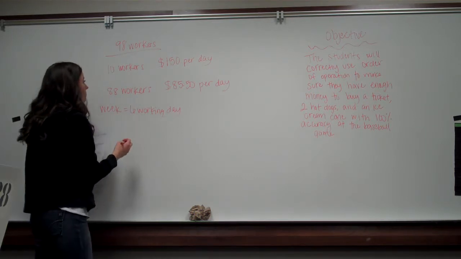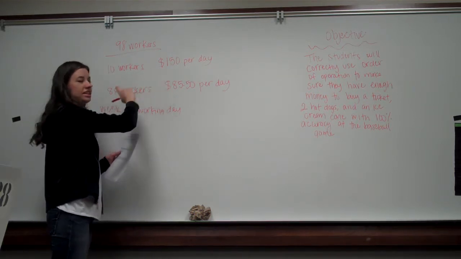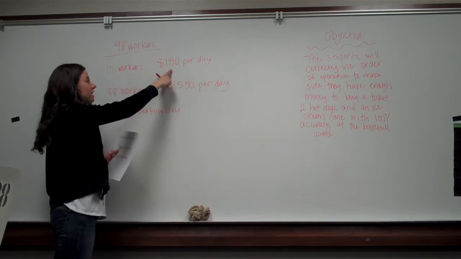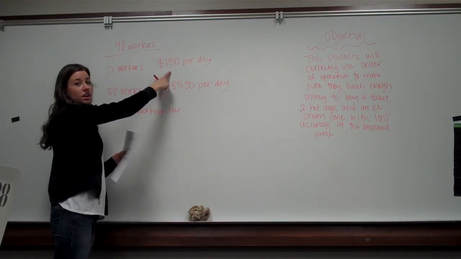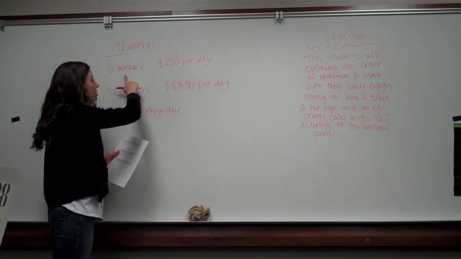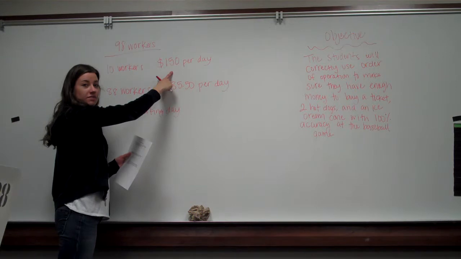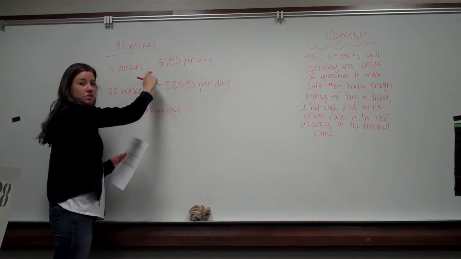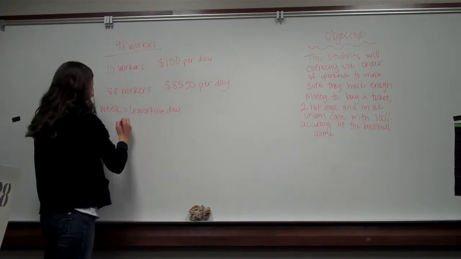150 plus 10? Well, it's not plus 10, because you're not adding to the amount of money. Each worker makes $150 a day. So to figure it out, you would do 10 workers times 150 per day. So you write 10 times 150.